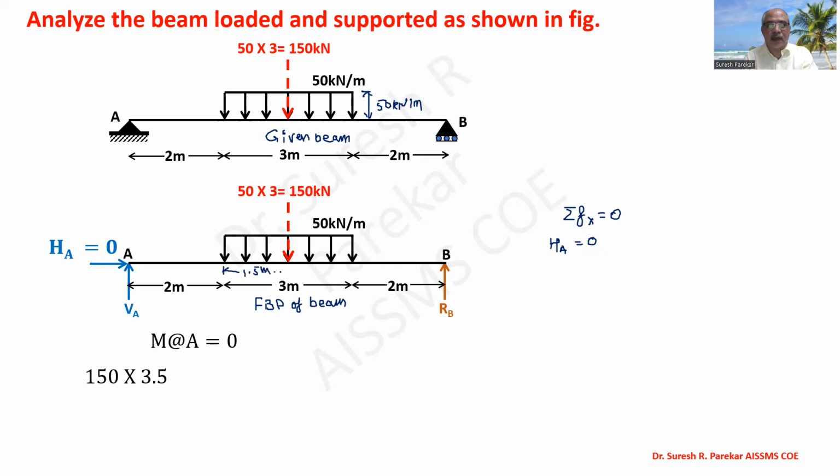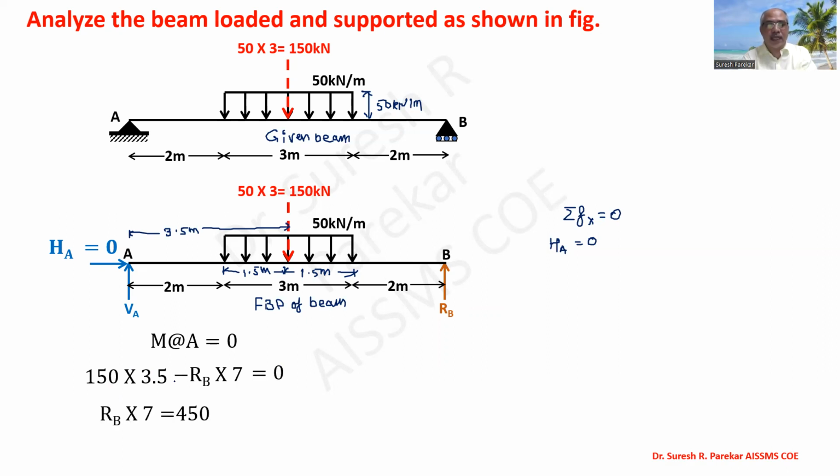This is 1.5 meter and then this is 1.5 meter, so the total distance from A is 3.5 meters. So 150 into 3.5 minus RB into 7 equal to 0.